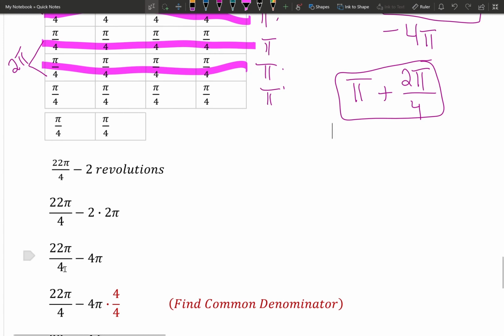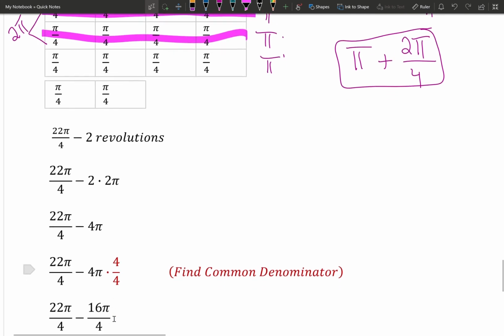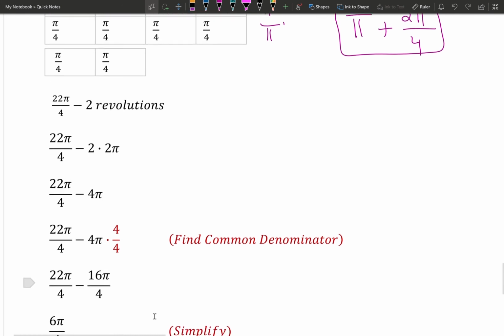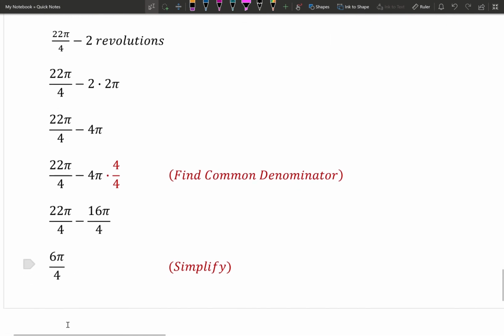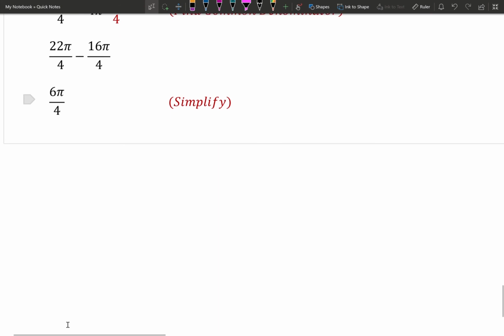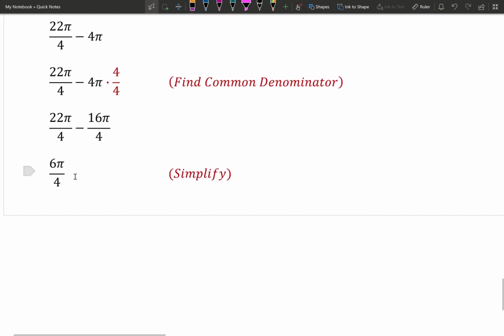This guy is 4, so let's multiply both guys, top and bottom, by 4, so we have common denominators. Once we get common denominators, we can combine the numerators, so I have 22 pi minus 16 pi, and I can just get one huge 4 on the bottom. So I get 6 pi over 4. And, oh, I didn't simplify it. Well, 6 pi over 4, what does that reduce down to? 3 pi over 2.